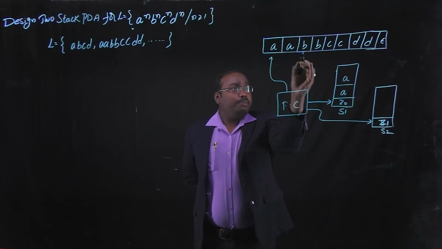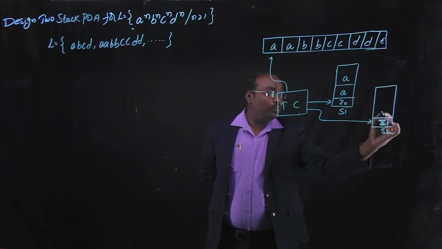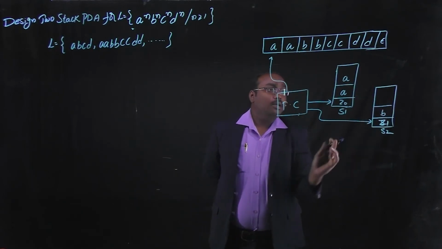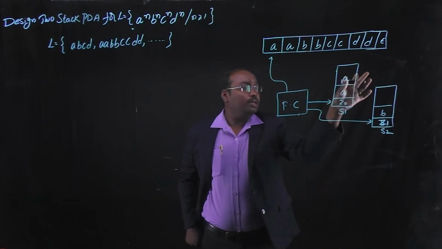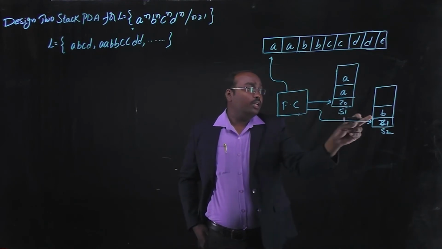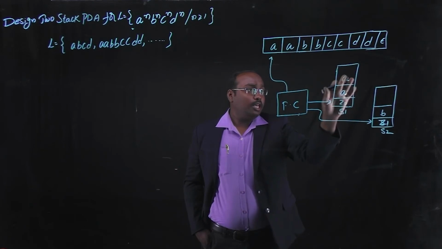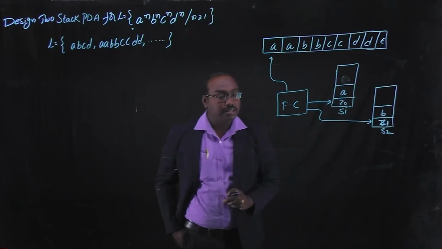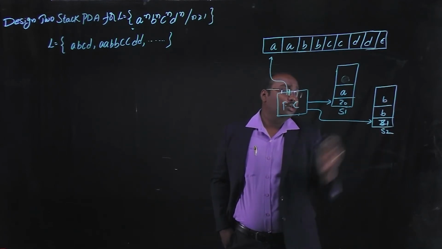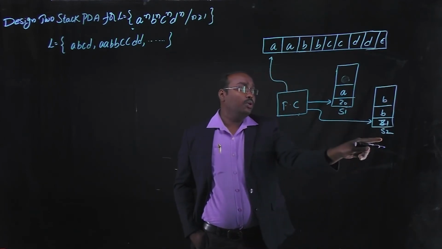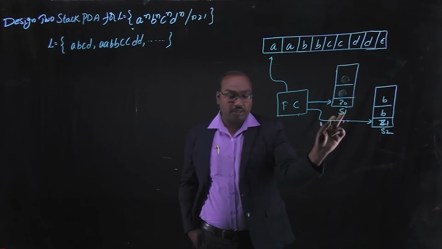For the input B, we can move that input symbol B onto stack 2, and the corresponding top element A on stack 1 will be popped from stack 1. And next, if the input symbol is B, we move that element onto stack 2 and pop the top element of stack 1.